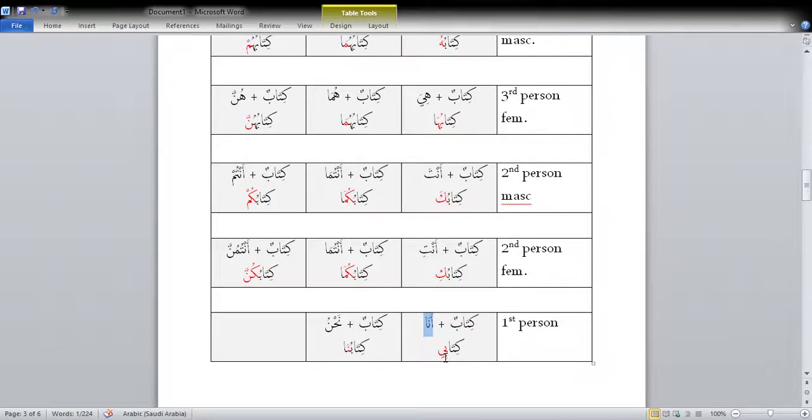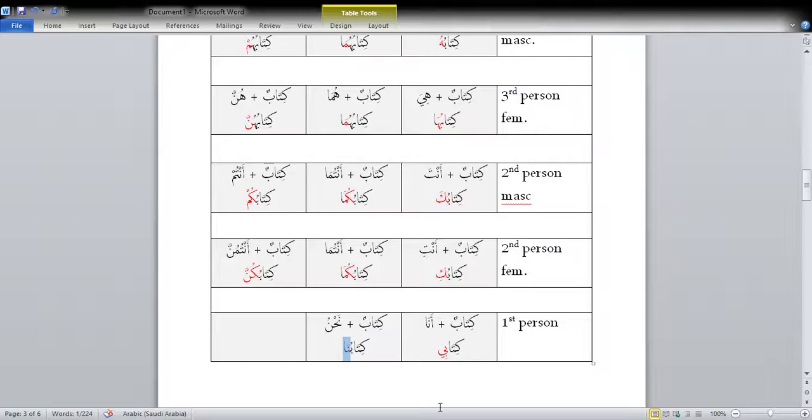You just add that ya on the end, turn the last letter into a kasra, and attach the ya. So if you want to say my house, it would be bayti, right? And then finally, when you want to say our, you add a noon with an alif, right? So kitabuna. That's how you'd say nahnu. So our book. Make sense, guys?